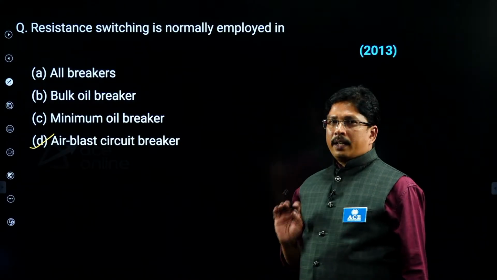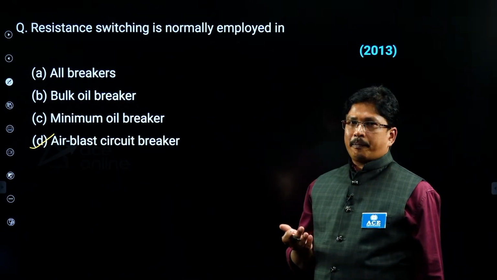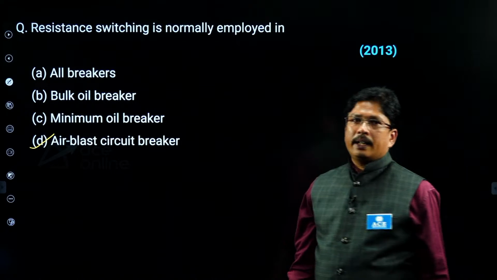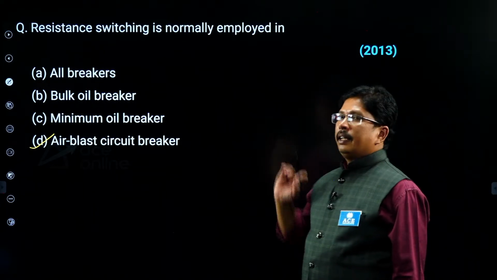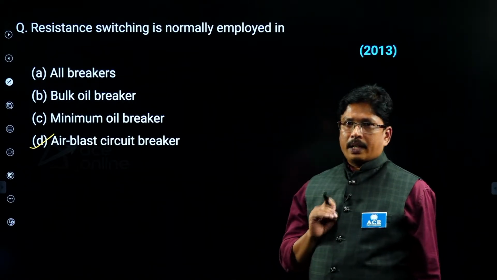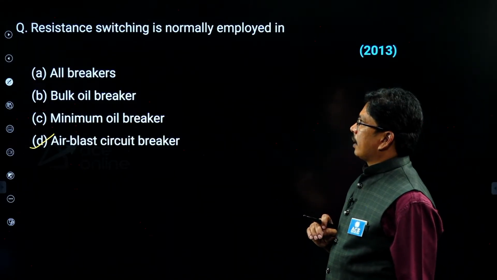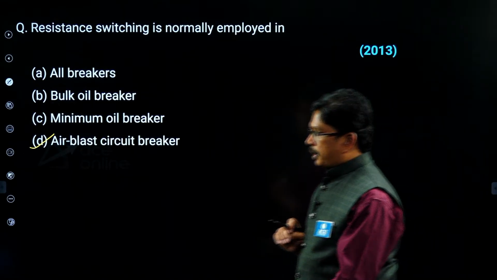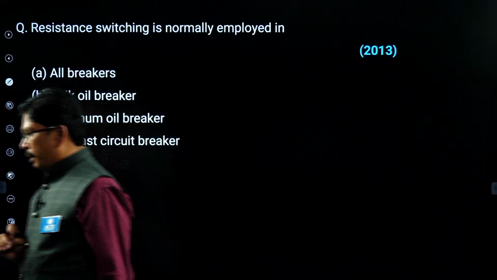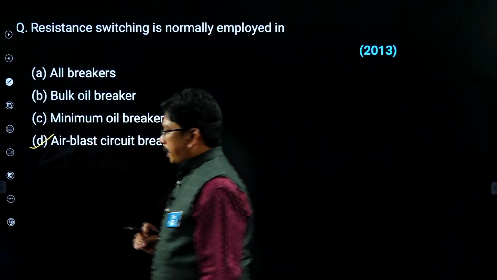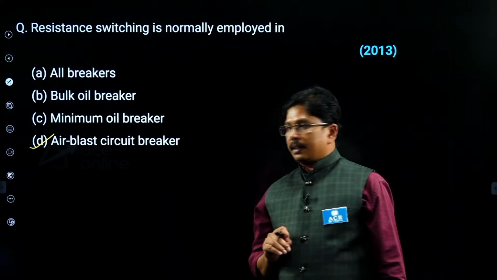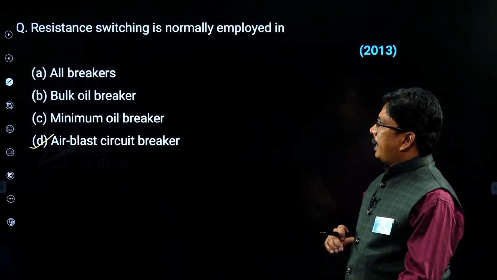Because the current chopping phenomenon is more severe in the case of air blast circuit breakers. That's why resistance switching is required. Very good, Viraya, perfect. Now I'll go for the next question.